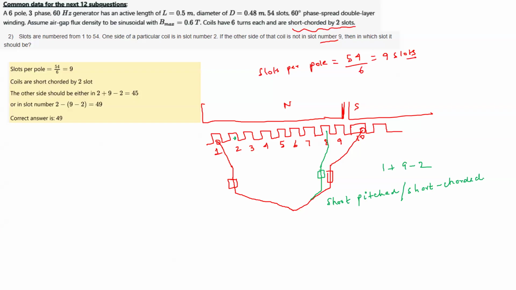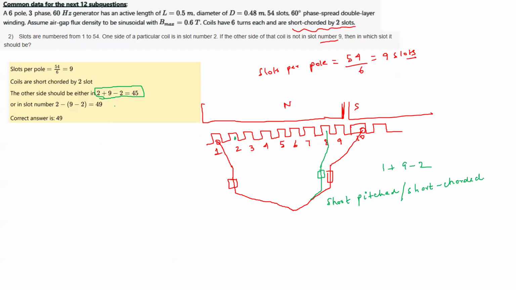How can we find it? We can find it like this: 2 plus 9. How come they have written it like this? Let me just see. I think they have made some mistake.